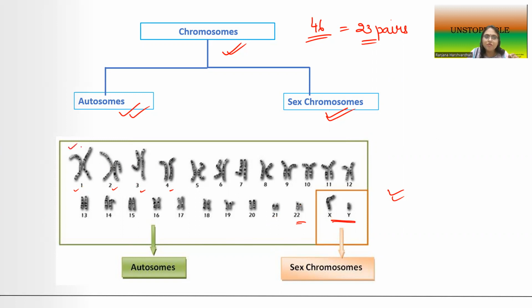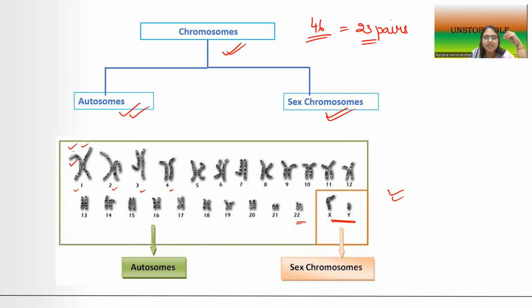Now, why are the chromosomes in pairs? The chromosomes are in pairs because each part of the pair has come from one parent. The individual has got heritable characters from both parents, the mother as well as the father. So each part of the pair is contributed by the mother and the other part is contributed by the father.